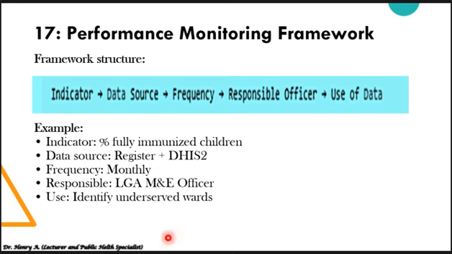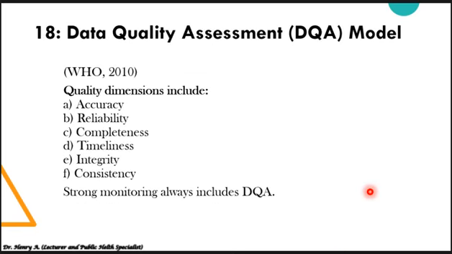The next thing we'll be looking at is the data quality assessment model, like I said, done by WHO 2010. The quality dimensions include, number one, accuracy: the data must be reliable. The data must be complete, nothing is missing, and it must come timely.